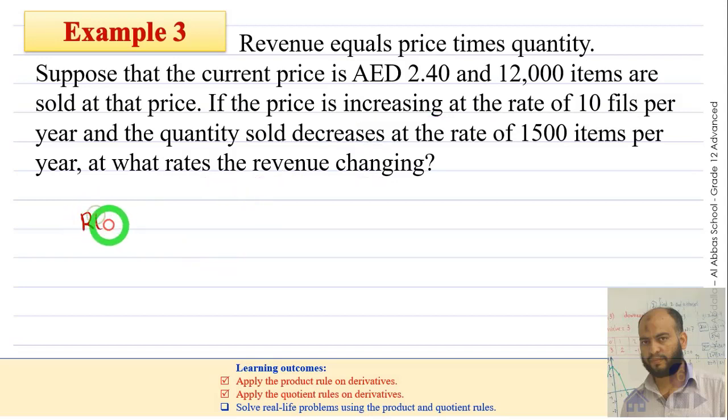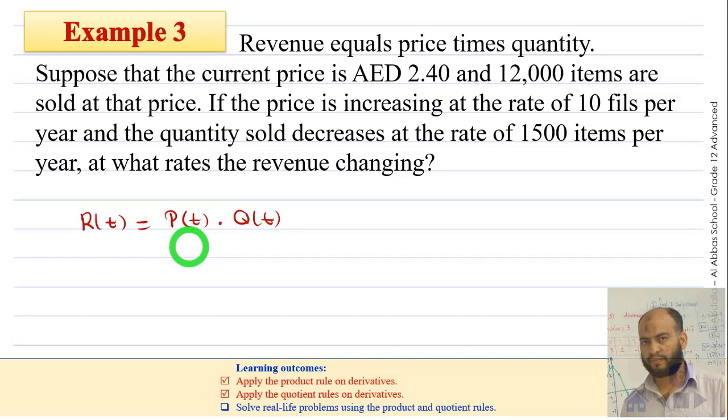R of t equals P of t times Q of t, where R of t is the revenue, Q of t is the quantity sold, and P of t is the price, all at time t.